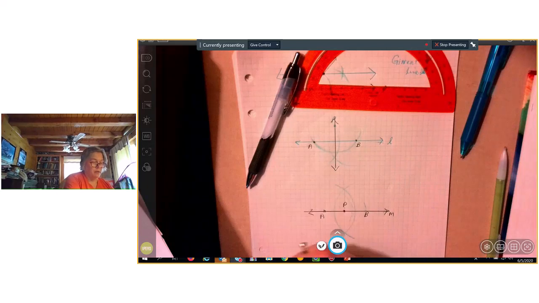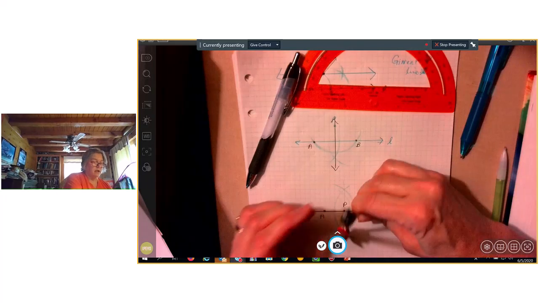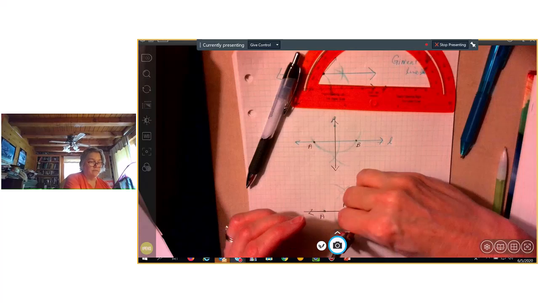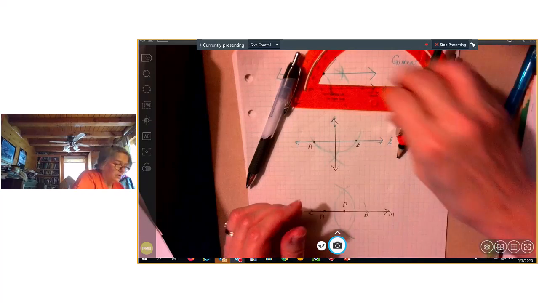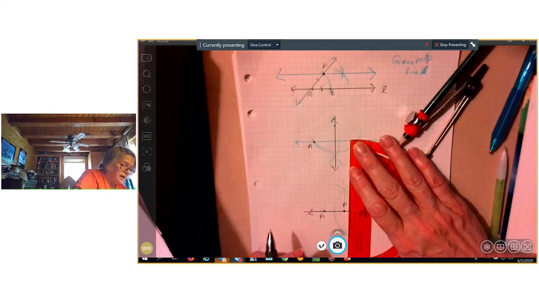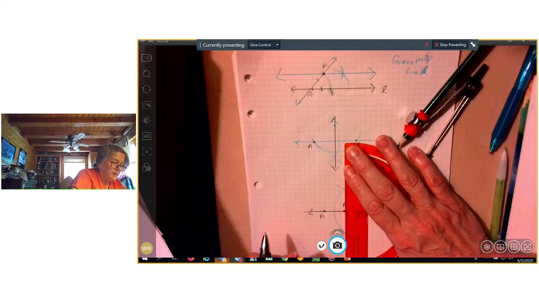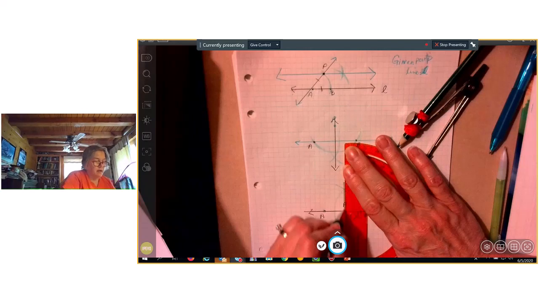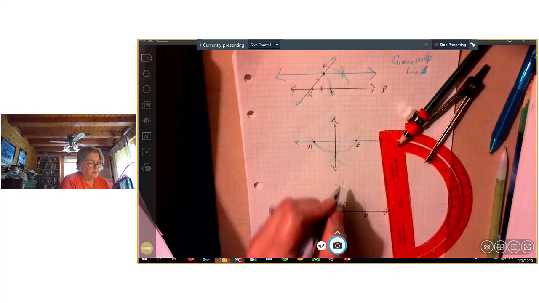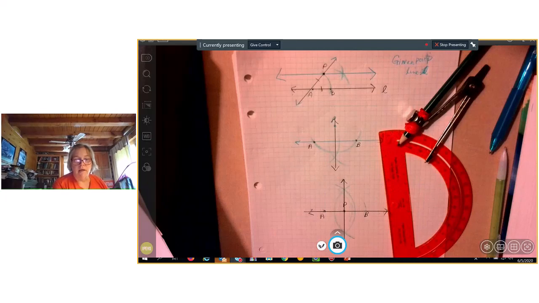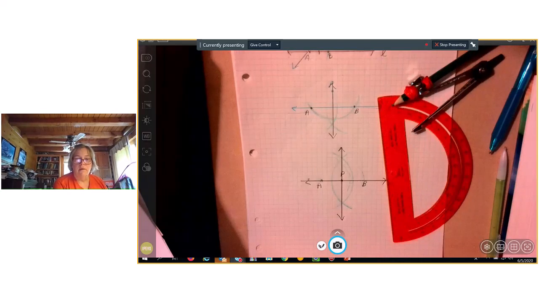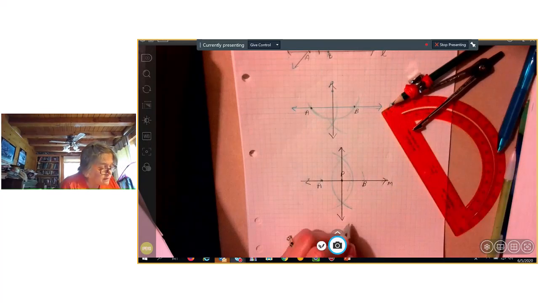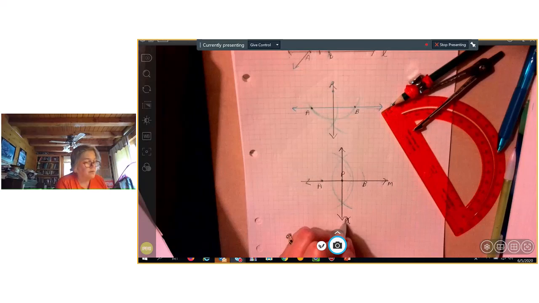I put the point on B, and then I drew an arc in the other direction. So now when I take my protractor and go through point P and connect my arc crossings, I've made a perpendicular line to line M, and we'll call this X. It makes it a little bit easier. So line M is perpendicular to line X.